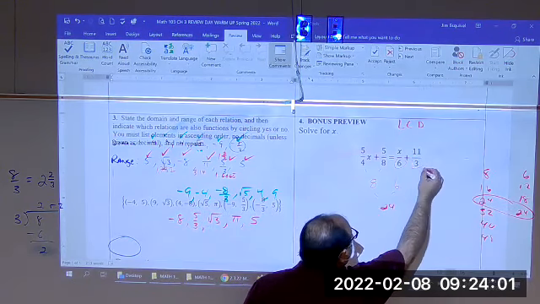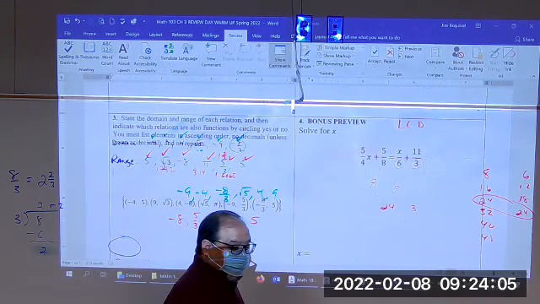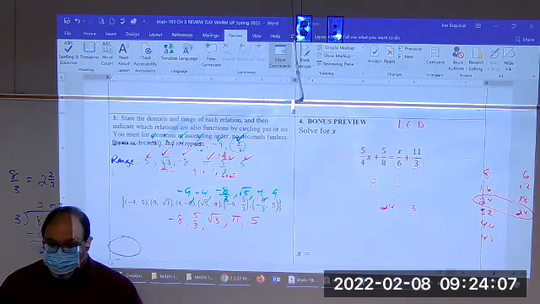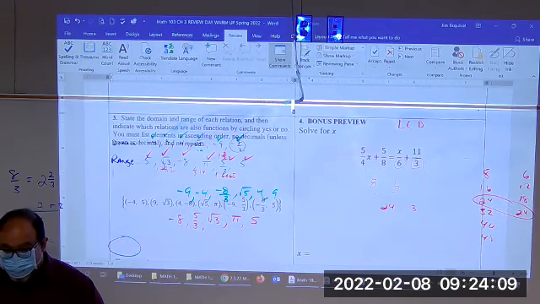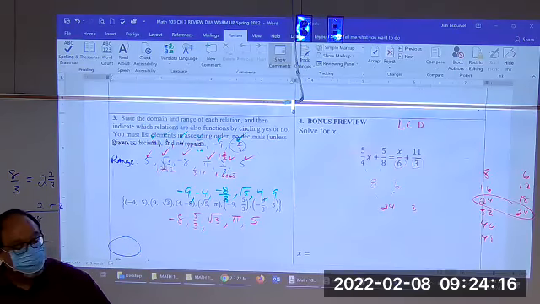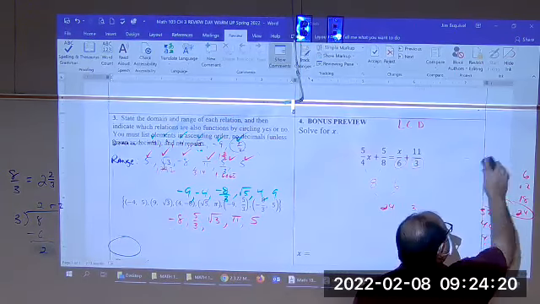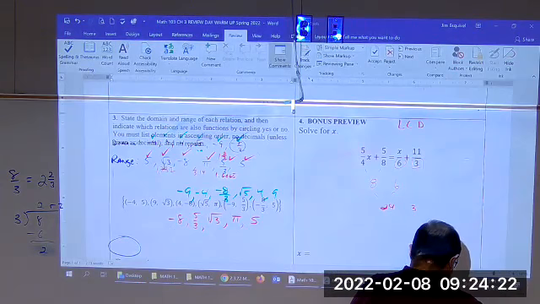So the last one is the 3. So now you've got to consider a 24 and a 3. Now, what's the first number that 24 and 3 both go into evenly? 24.